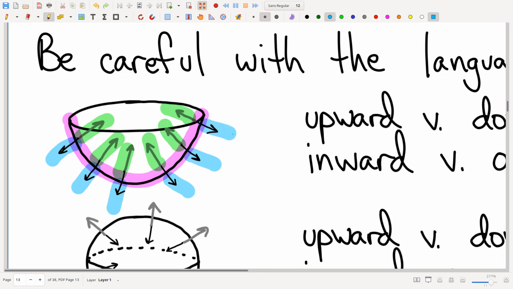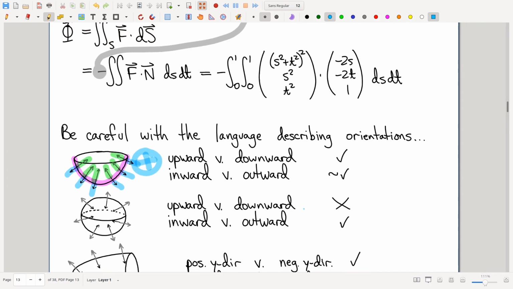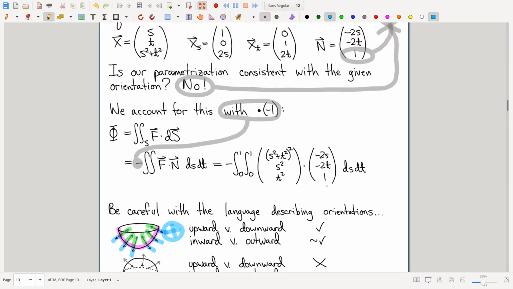Now keep in mind, an orientation is just an indication by way of normal vectors of which way is considered the positive direction. Well, we were supposed to parameterize downward. That's the positive direction through the surface, right? When we wrote down our normal vector up here, you can see right here our normal vector. If you look at that third coordinate, it's positive. That means that this normal vector is not down.